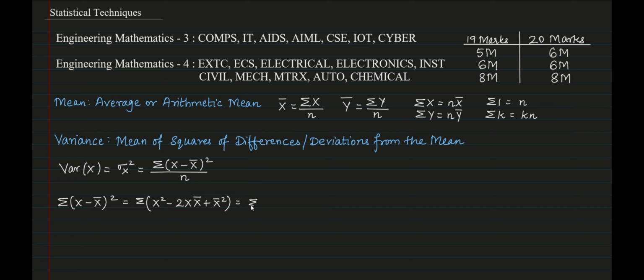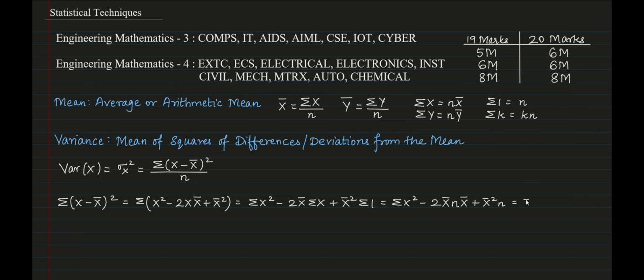So this will be summation of x square minus 2 times x bar times summation x plus x bar square times summation of 1. So let's substitute the values we know. Summation of x square minus 2x bar times summation of x, which is n x bar, plus x bar square times summation of 1, which is n.